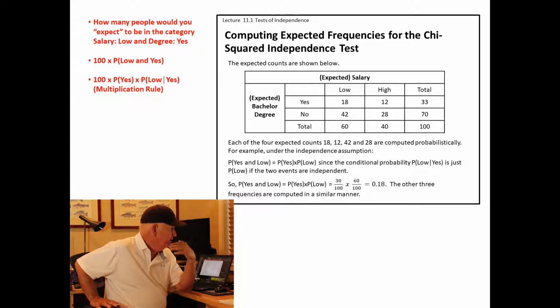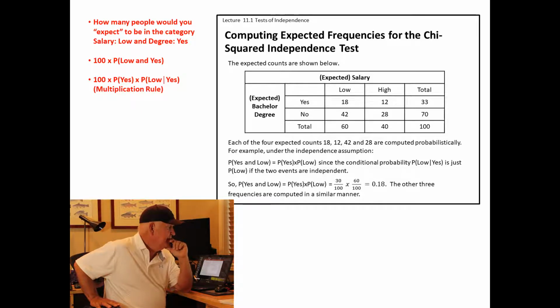Again, I'm trying to get an expectation about how many people ought to be in the box with a low salary and a bachelor's degree. I've tested 100 people, and if I know the probability of being in that box, I should be able to multiply that by 100, and that would be the number of people in the box.